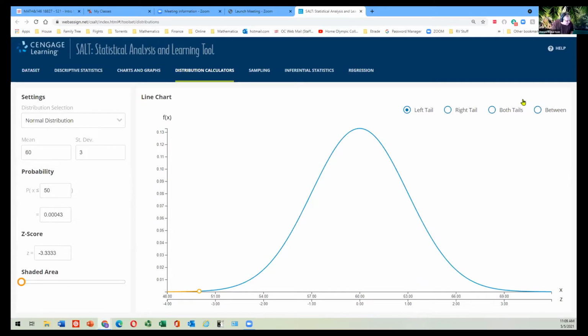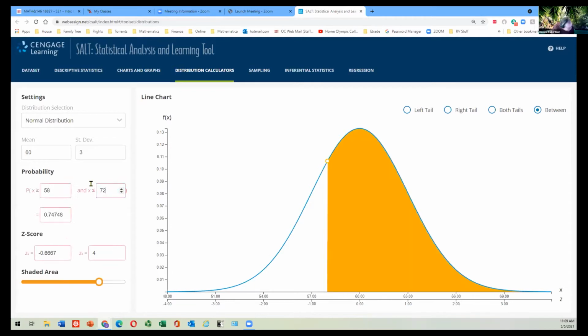And the between, it was called between, good. So if you want to do a between, it was what percentage of the population are between 58 inches and 72 inches. And in this case, the answer is a big chunk of people. It's 0.747, to 3 decimal places.